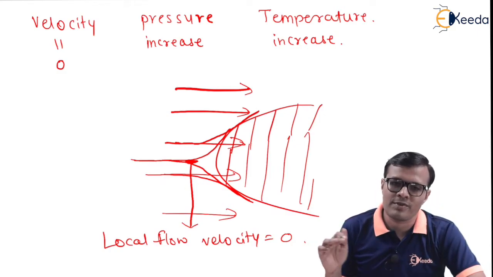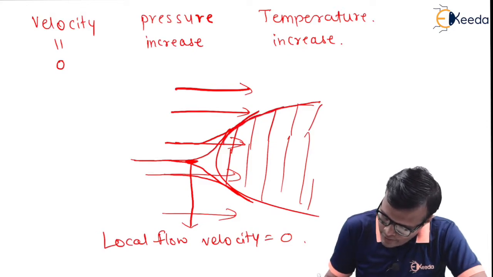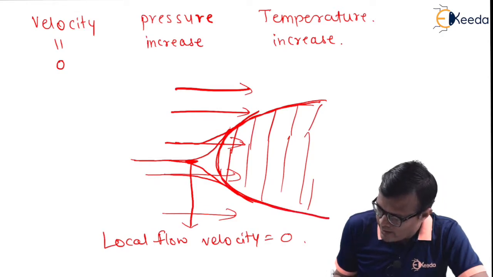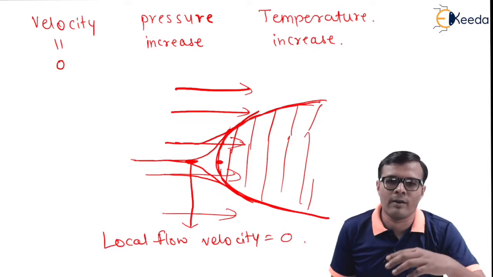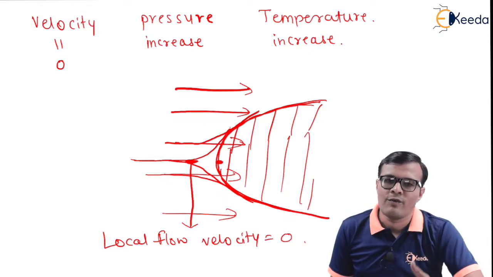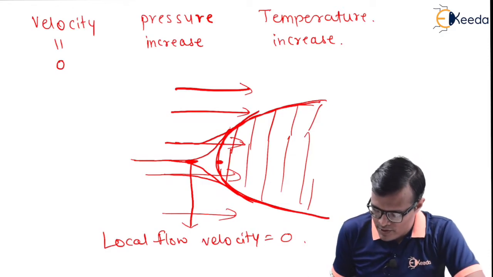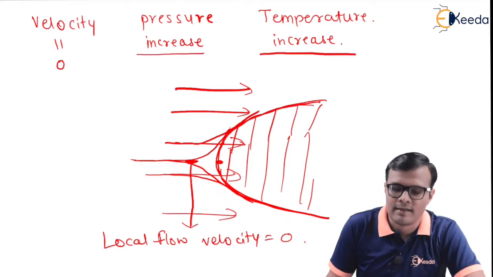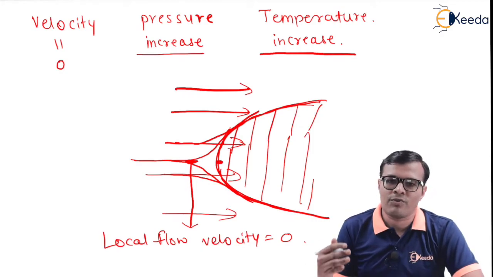So the study of the stagnation point plays a very important role in the analysis of structures which are prone to high fluid velocities, for example an aeroplane or a racing car. At the tip we have to provide a particular type of material which can sustain high temperature and pressure, because at the stagnation point there is an increase in pressure as well as temperature. Now let's move to the actual derivation for stagnation pressure.